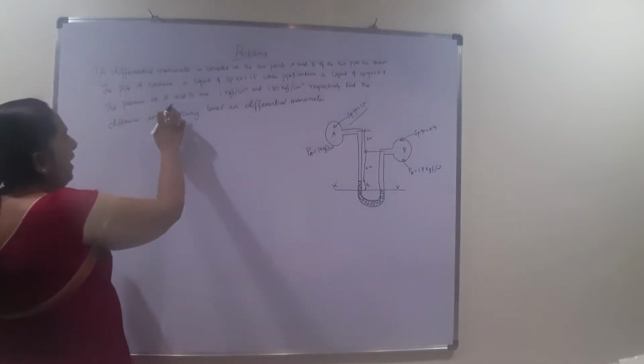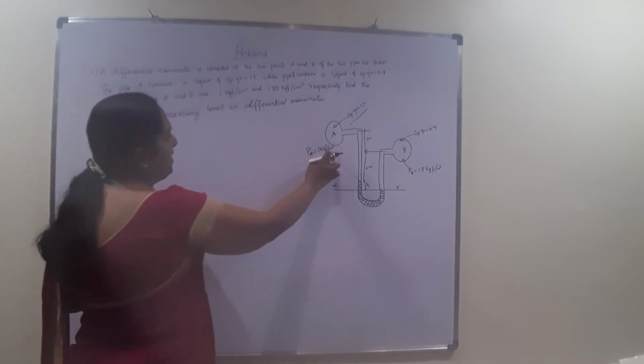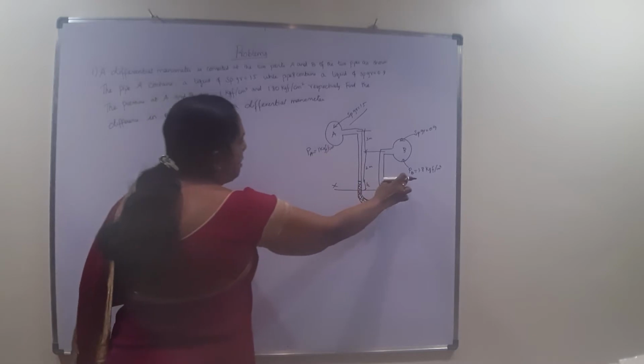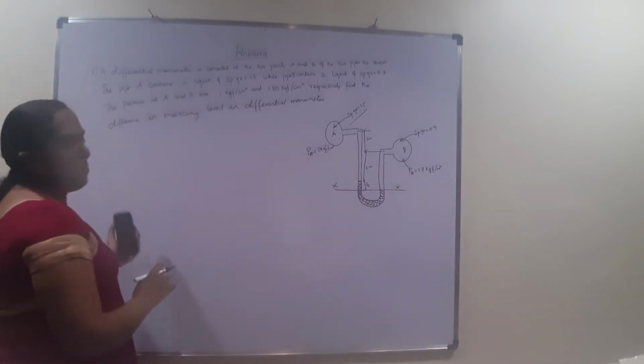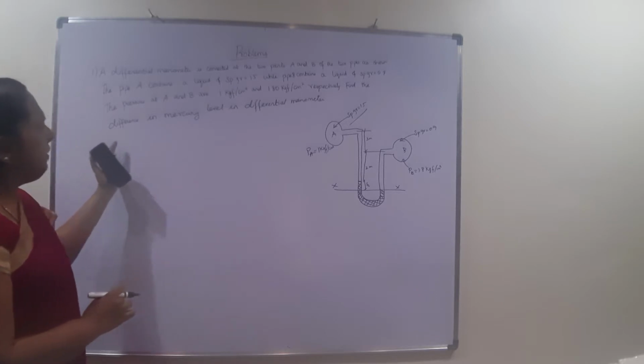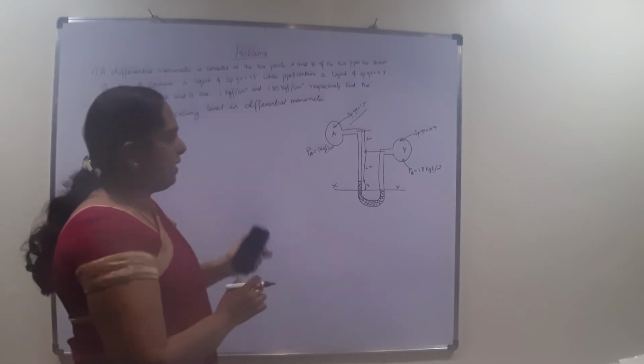The pressure at A is 1 kgf per centimeter square and the pressure at B is 1.8 kgf per centimeter square respectively. Find the difference in mercury level in this differential manometer. So this is the question that is asked.